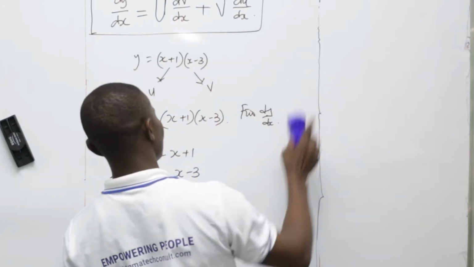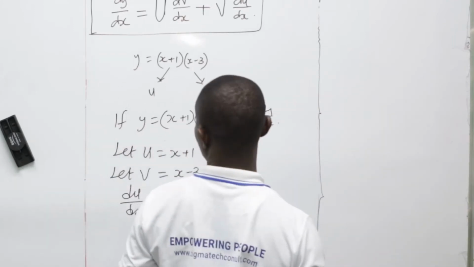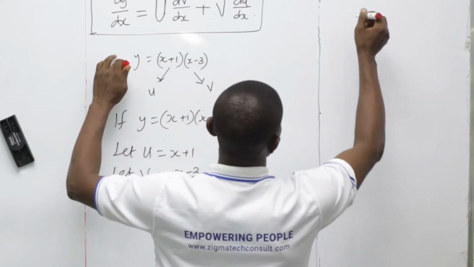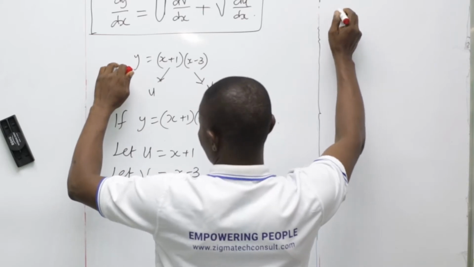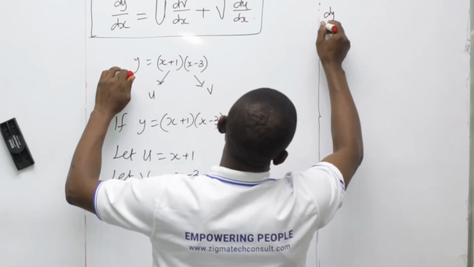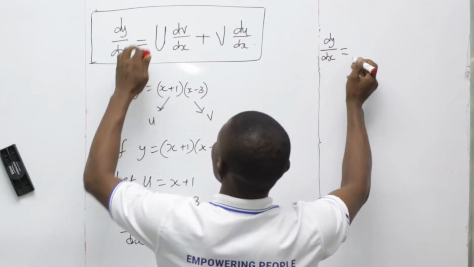We are applying substitution here. Since you have your values for u, dy/dx, and v, dy/dx equals u.